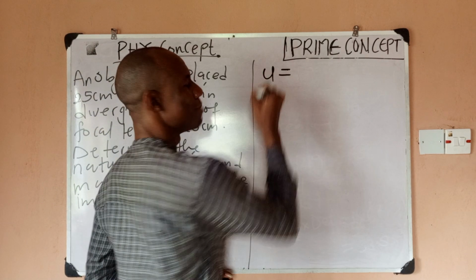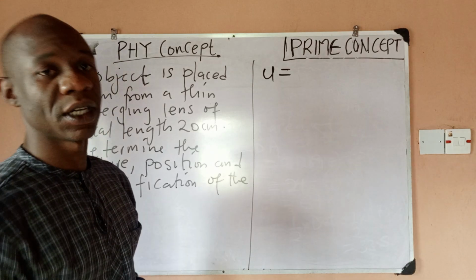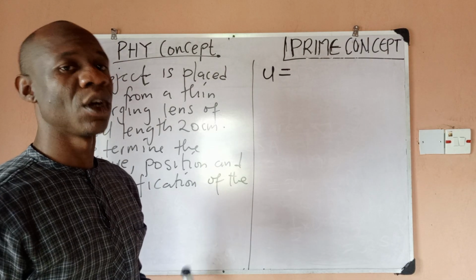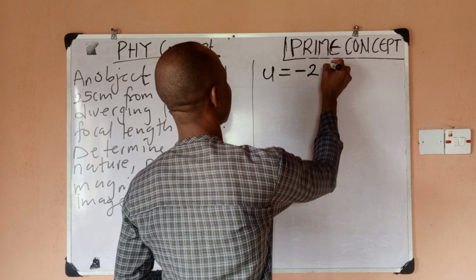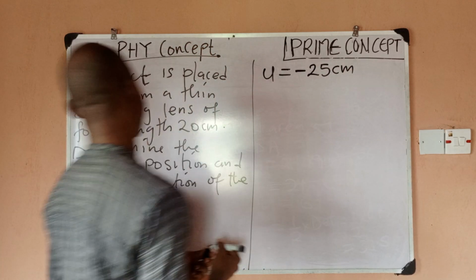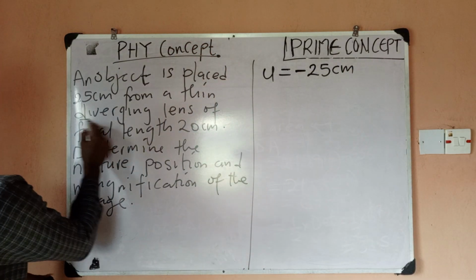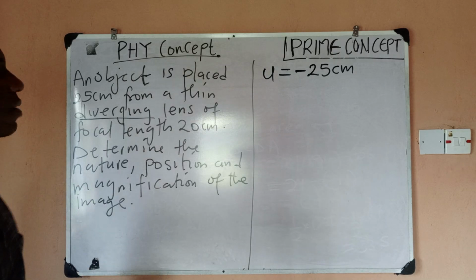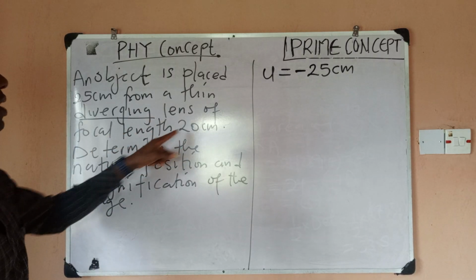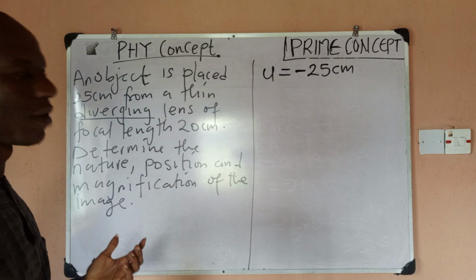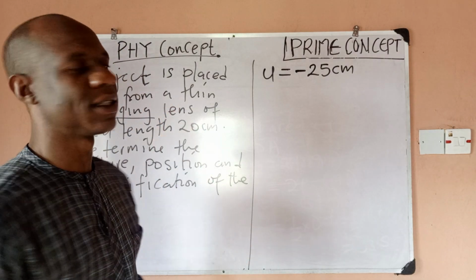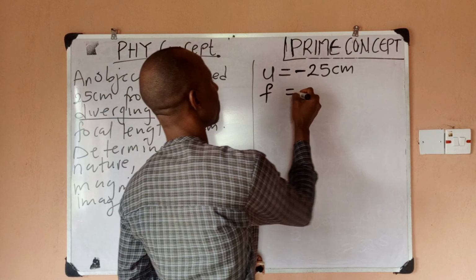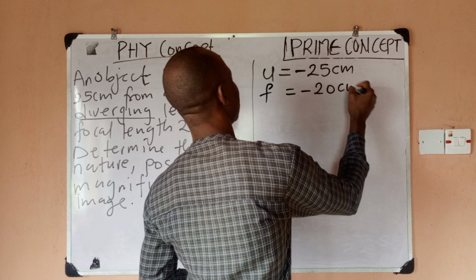We mentioned that for our sign convention, the object distance would always be negative. So u would be minus 25 cm. And remember, we're dealing with a diverging lens, which is also a concave lens, of focal length 20. For our concave lens, the object, the image, the focal length are always negative. So f again is minus 20 cm.